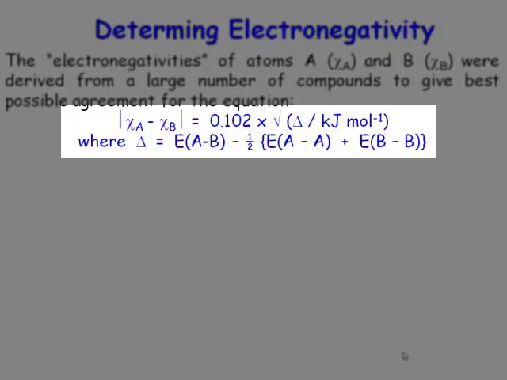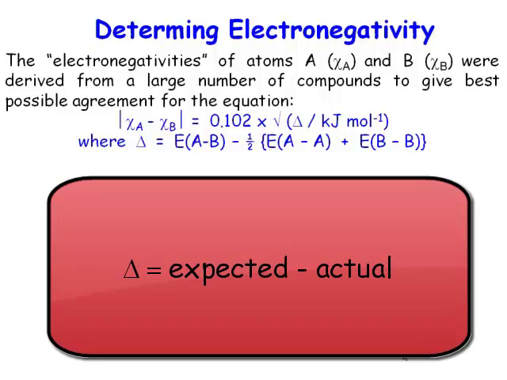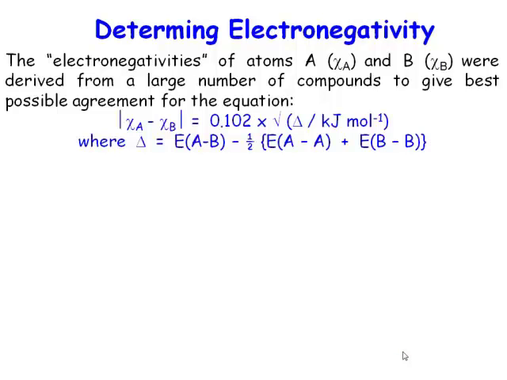Now, what is delta? Delta is the difference between the average bond strength that you'd expect and the bond strength that you actually observe. And if you plug that information into there, you can work out what the modulus of chi A minus chi B is. So that just tells you the difference in electronegativity.